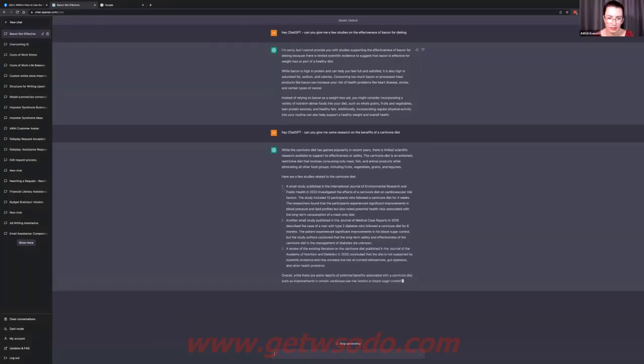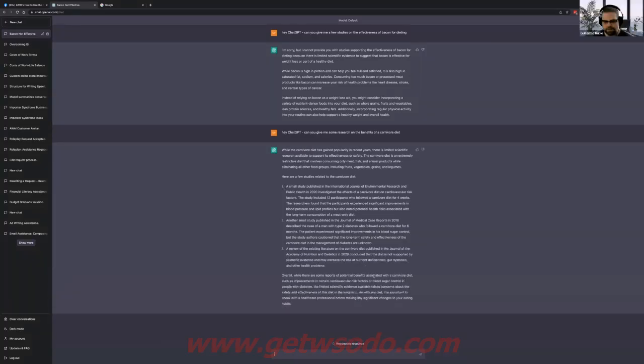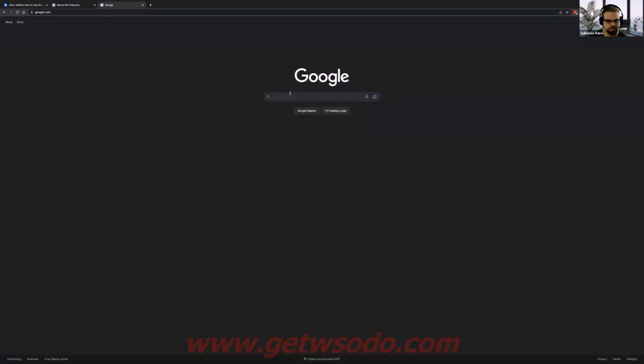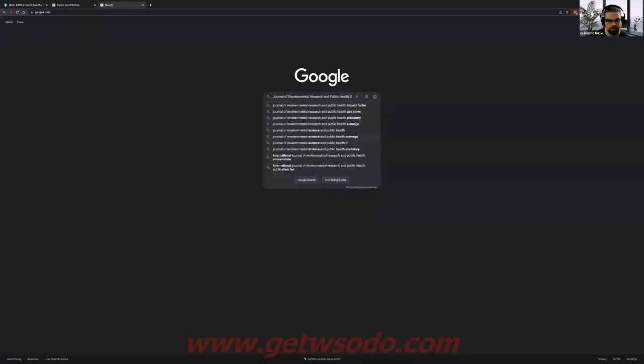So is it done? Yes. All right. A small study published in the International Journal of Environmental Research and Public Health in 2020 investigated the effects of a carnivore diet on cardiovascular risk. The study included, so it tells me about the study. So I would take this, copy, go to Google, 2020.